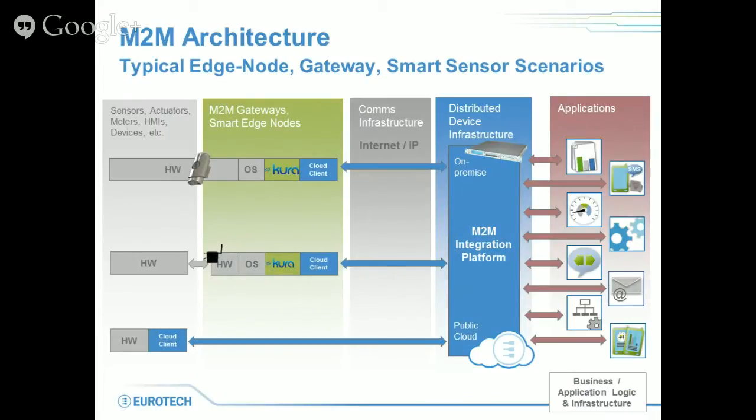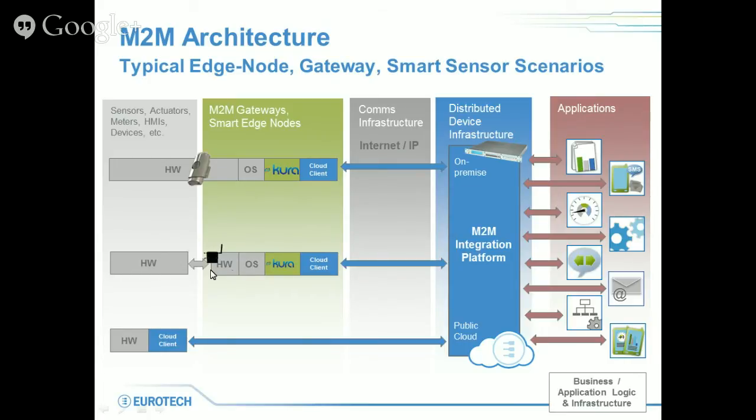There are two typical scenarios in the architecture of an M2M multi-service gateway. Here, the green part in this picture. Either you have a gateway that is embedded into a device, and then we call it a smart device, or you have low-cost hardware that is physically separated from the gateway, and then the scenario normally sees the gateway as a hub, concentrating the direct communication, wired or wireless, with very many low-cost sensors in the field.